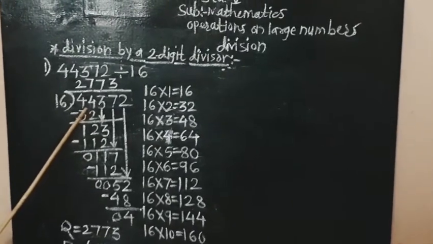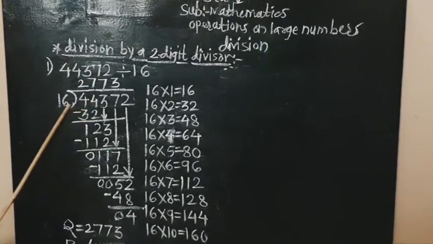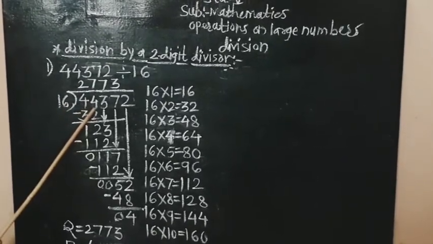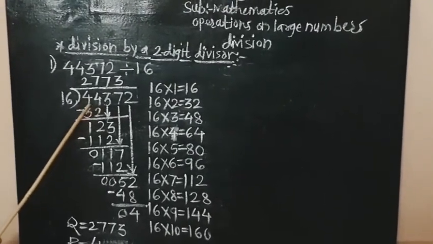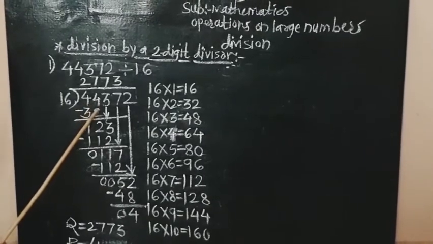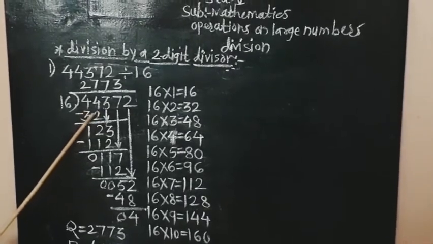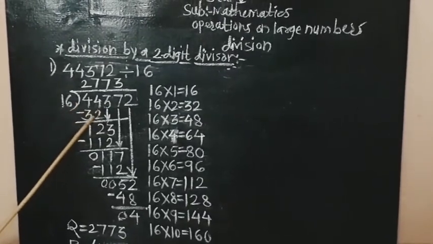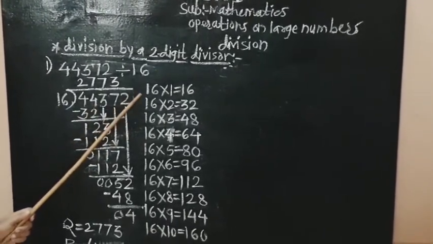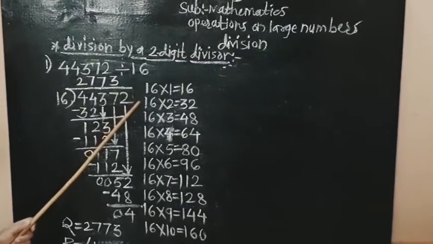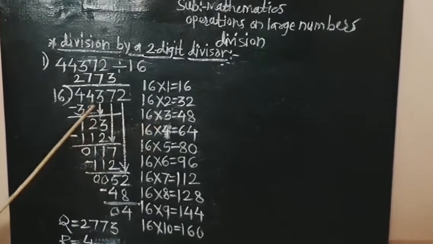Again I am explaining why I consider these two numbers only: because the divisor is a 2-digit number. When subtracting from 44, first you see in the 16 table which number is the smallest and nearest to 44. You find the number smaller than 44 in the 16 table, that is smaller and also nearer to 44.